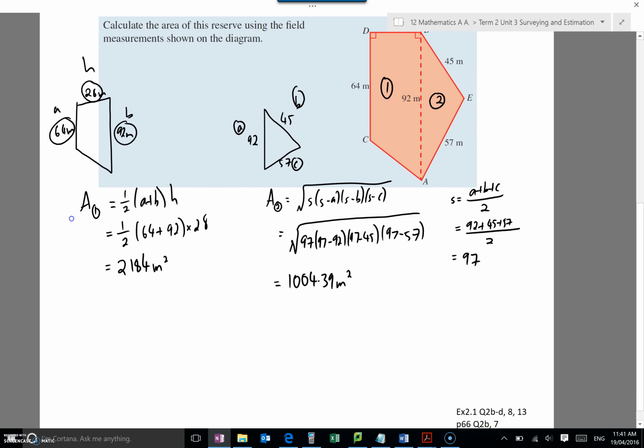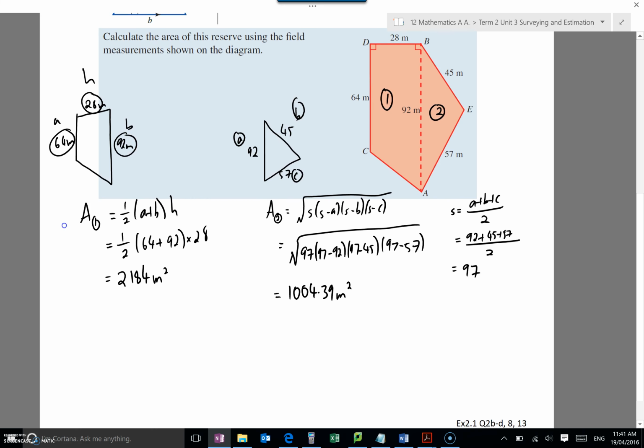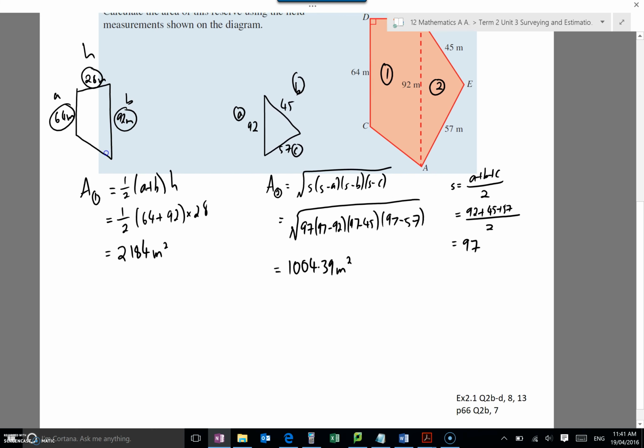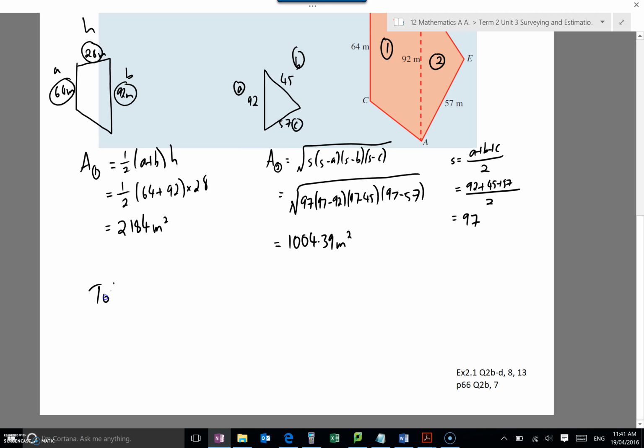Remember I was trying to find the total area of that reserve, so I'm going to need to add these two areas together. I'll just show this by saying that the total area is area 1 plus area 2. Substitute these values in.